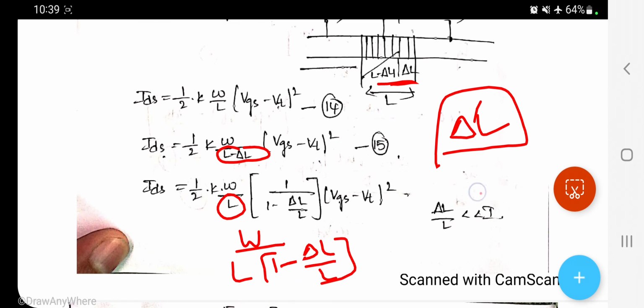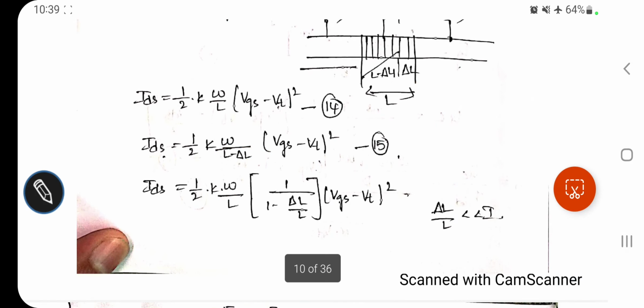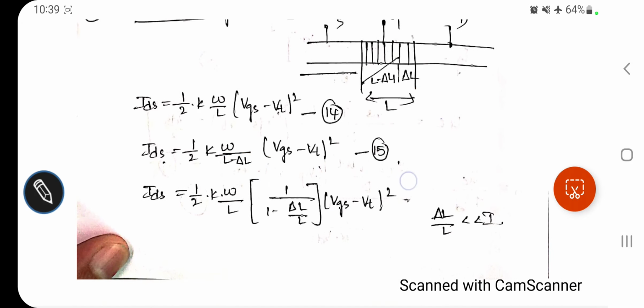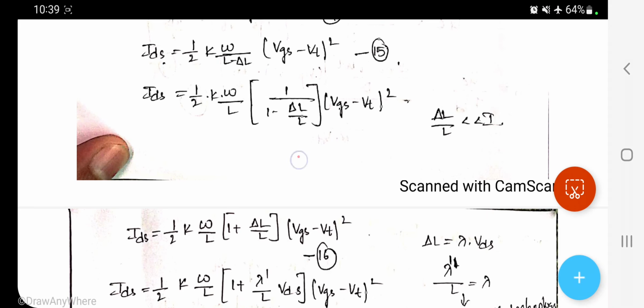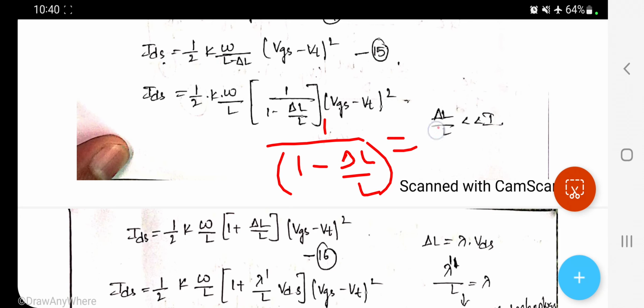This delta L by L is very small here, because the change in channel length is very small. So 1 minus delta L by L is in the denominator. When we take it in the numerator, it becomes 1 minus delta L by L whole to the power of minus 1. So we have the expansion theorem here.